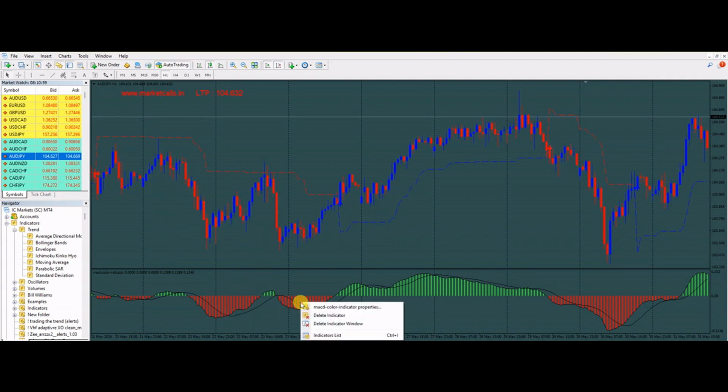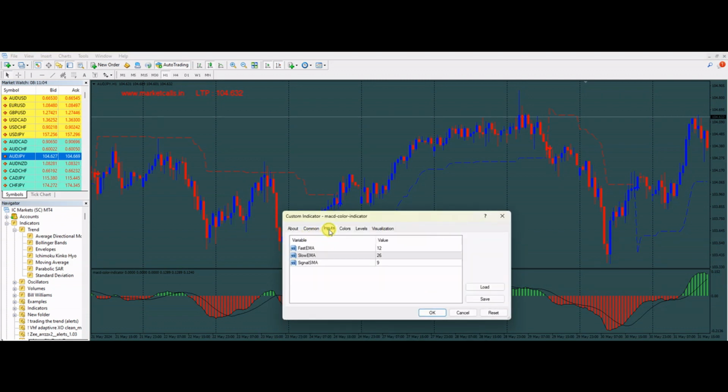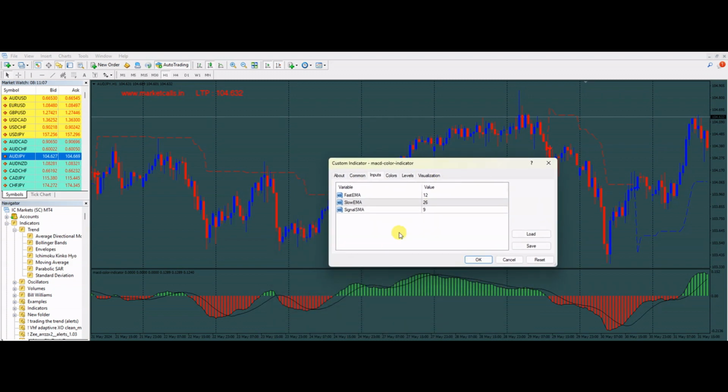Okay, the next indicator is this MACD. This MACD is using default settings, but in the coding aspect of the indicator, there are some filters that were added to this MACD, though the basic settings remain the default settings of the MACD. You can as well play with these settings.